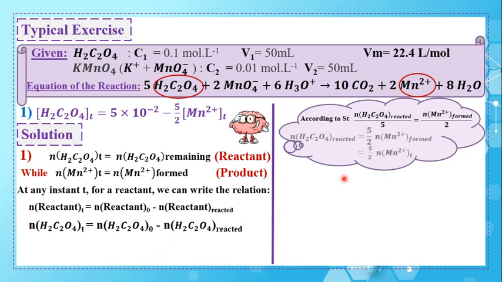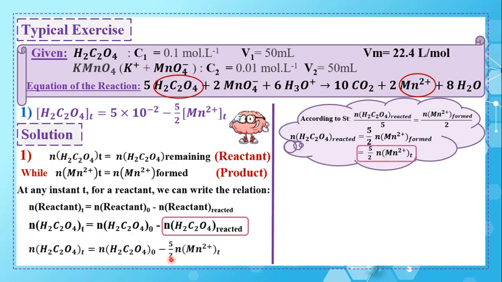So the number of mole of H2C2O4 reacted is equal to 5 over 2 the number of mole of Mn2+ formed. Instead of formed, I can put t, since Mn2+ is a product. Now I can replace this by this to get the following relation.